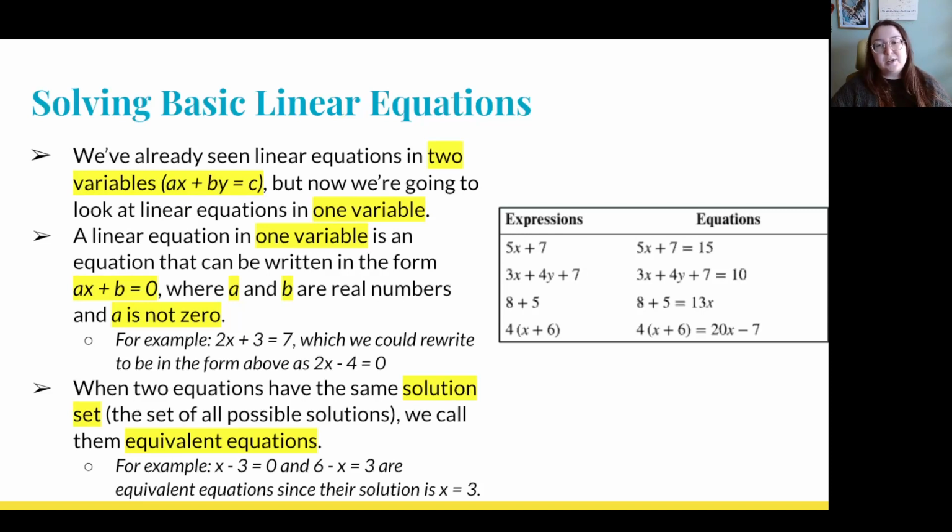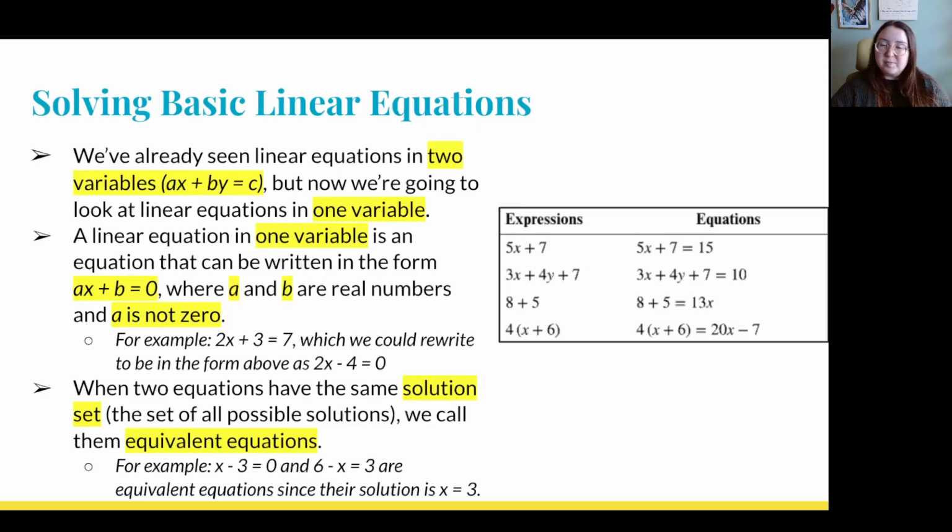A linear equation in one variable is an equation that can be written in the form ax plus b equals 0, where a and b are real numbers and a is not 0. That's one very specific thing we have to define, that a is not 0. If a were 0, it'd be 0 times x, which would just be 0, and so it would defeat the whole purpose.